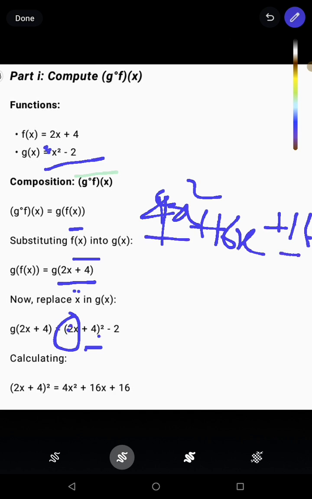It is positive, so you don't need to bother yourself about anything. Now the first term times the second term, that's 2x times 4, 8x, double it, 16x. So that's how we get this one here. That's a short trick to expansion.